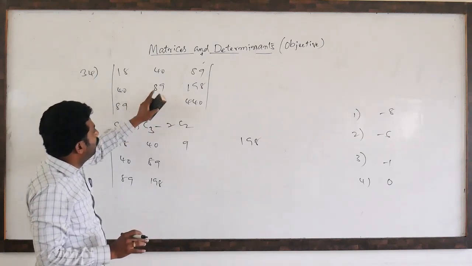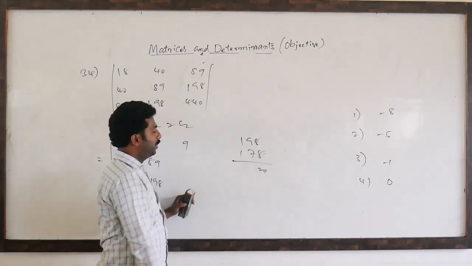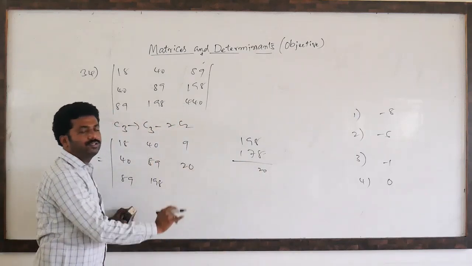So 160 plus 18, this is 178. 198 minus 178, nothing but 20. So it is 20.